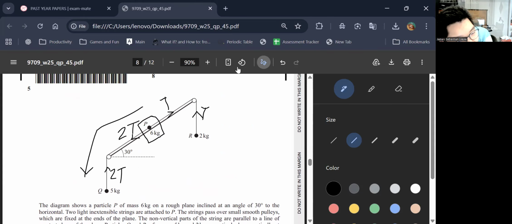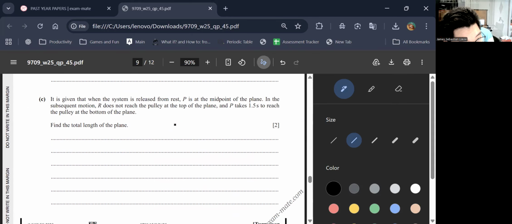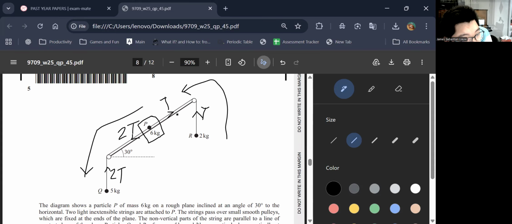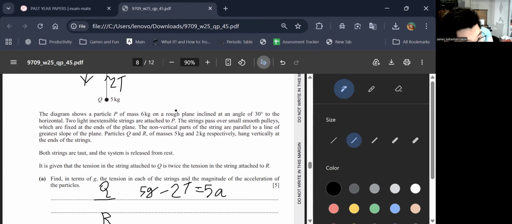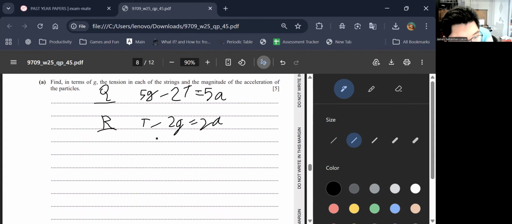Tension wins, because R will move up. So T minus 2g is equal to 2a. And that's your second equation.